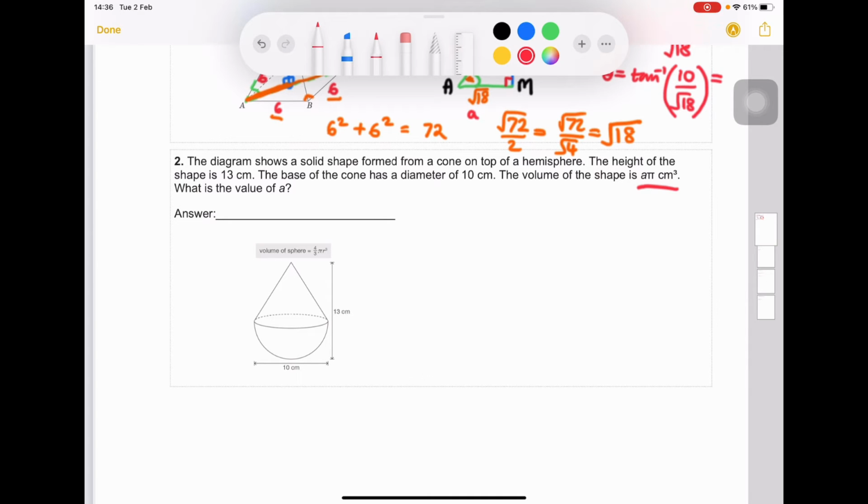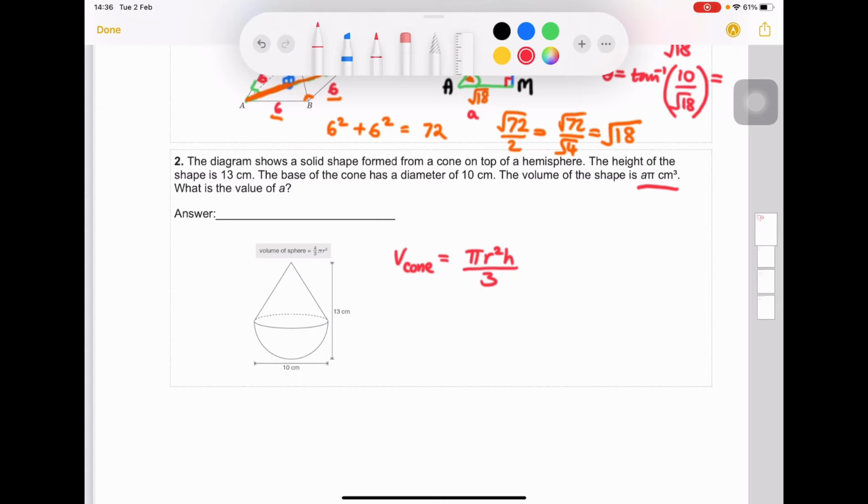So the volume of a cone equals pi r squared h, all divided by 3.